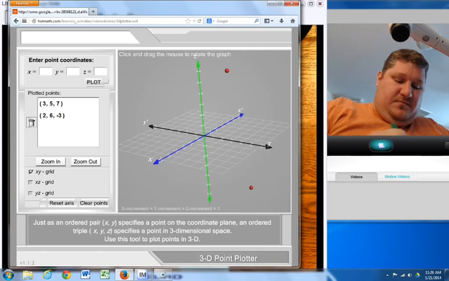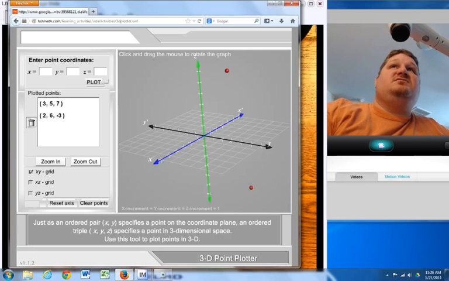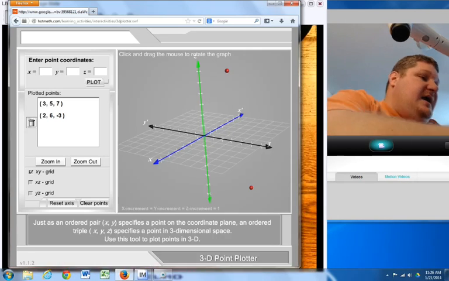all I would do is make my initial point 0, 0, 0 and draw in the vector from the origin out to the point.